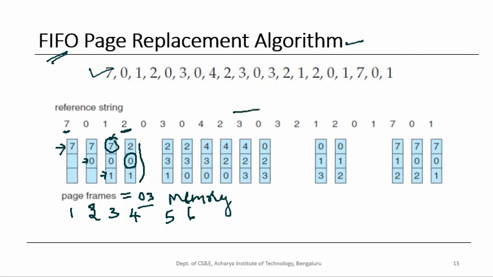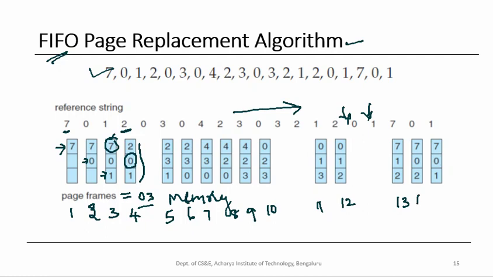So it goes on like this, and if you see the number of page faults, there's a page fault here, there's a page fault here, page fault here, there's a page fault here, no page fault because 3 is there in the memory, 2 is also there in the memory. There's a page fault here, there's one here, there's a page fault here, there's no page fault here because 0 is present in the memory and 1 is also present in the memory.